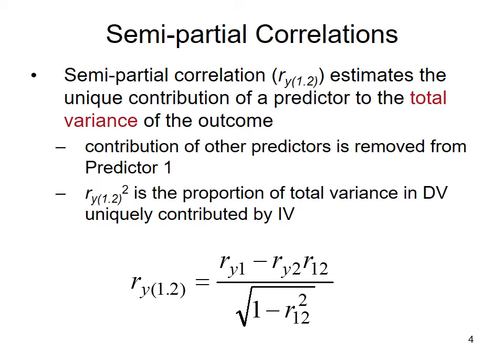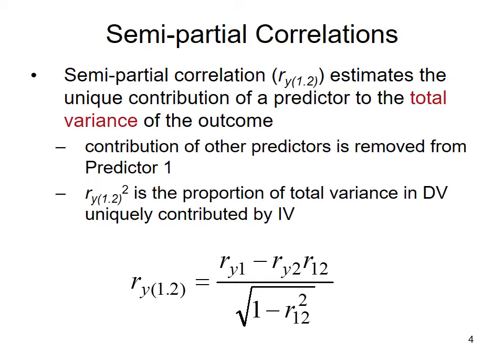So just to put that into words, a semi-partial correlation or part correlation estimates the unique contribution of the predictor to the total variance of the outcome. Contribution of other predictors is removed from predictor 1, but it is still included in the total variance.